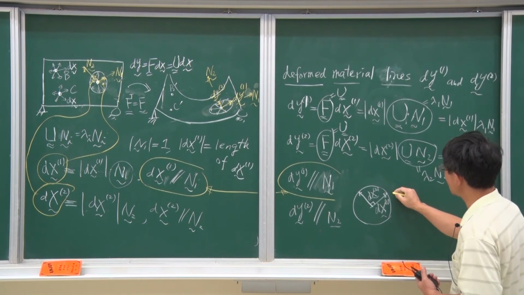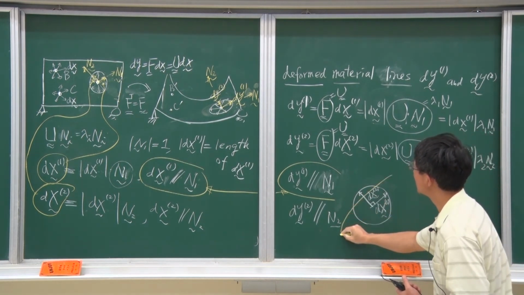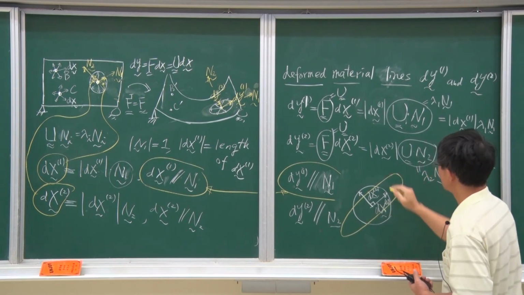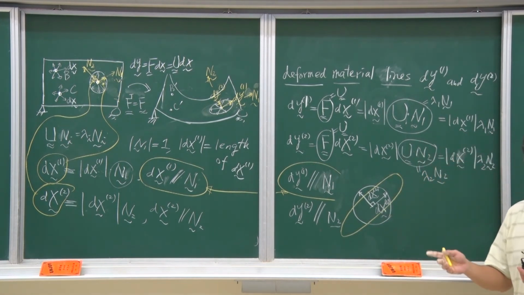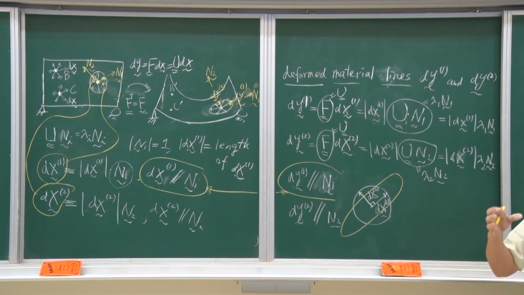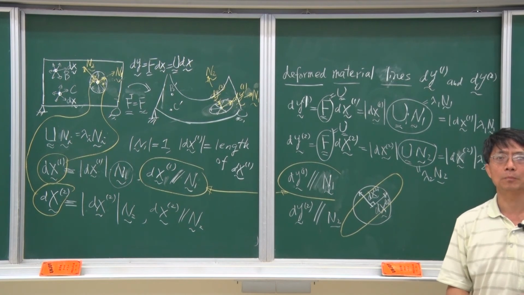After the deformation, the material lines are still in the same direction. The material point has deformed into an ellipse. We have proved this before. A circular material point will deform into an elliptical material point, right?